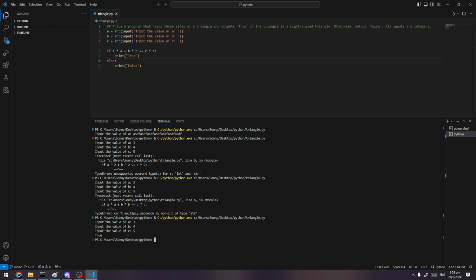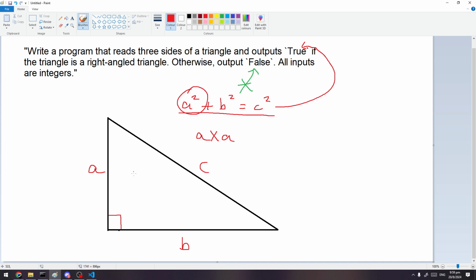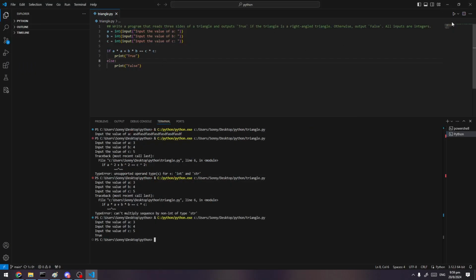Congratulations, you get a good program. You can try it on a calculator to check that 3, 4, 5 matches the condition. So let's try a wrong example: 3, 4, 6. You get false. That means it's a good thing, right?